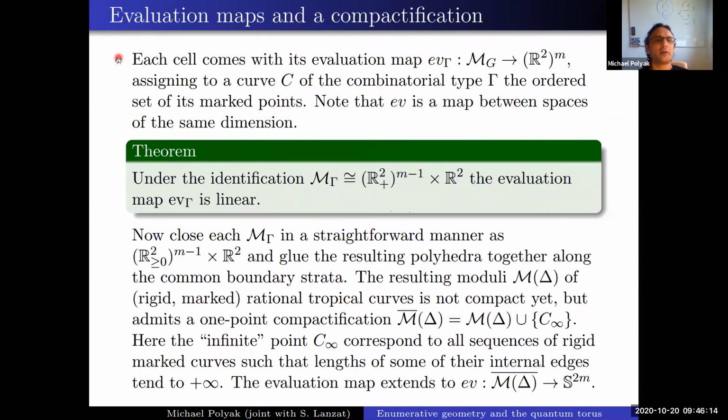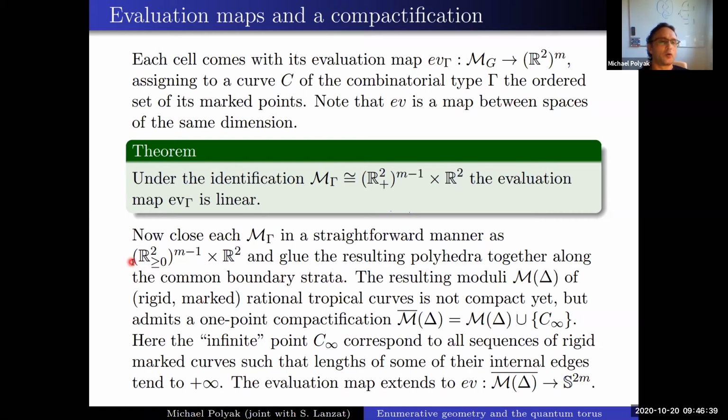Now, this is it for the top cells. Now it's about time to glue them together in a closed space and then to compactify it to get an honest moduli. So we do it in 2 steps. The first one is just close each cell near 0. Before that it was R plus.